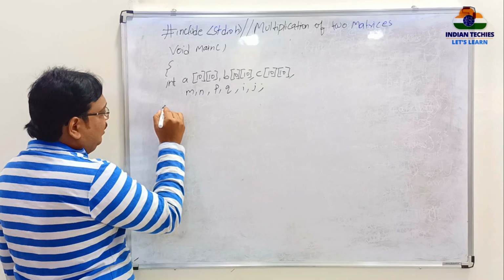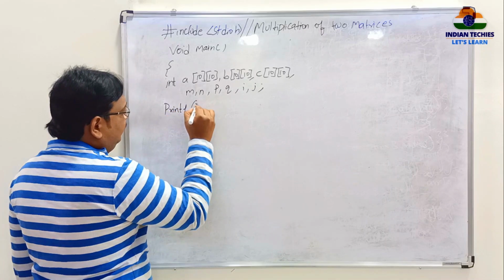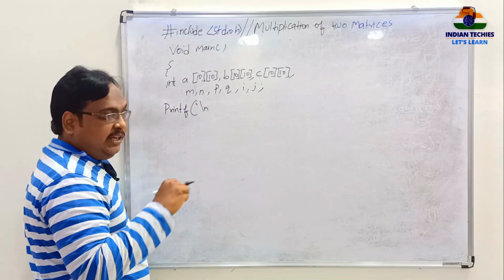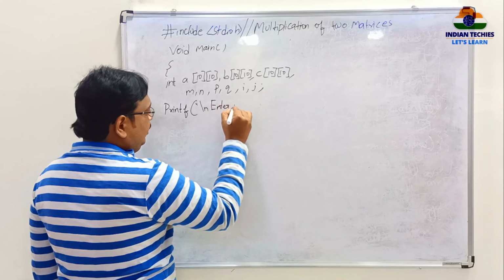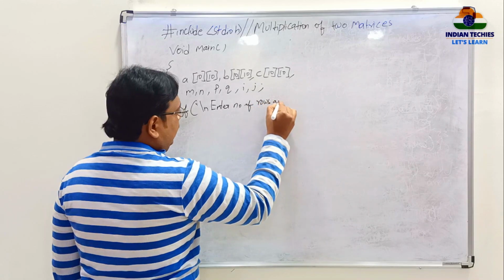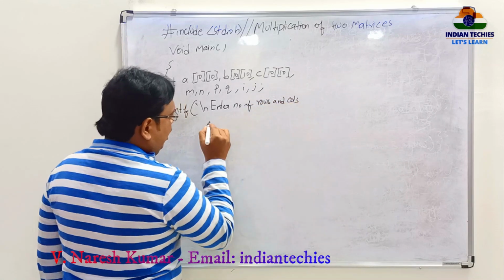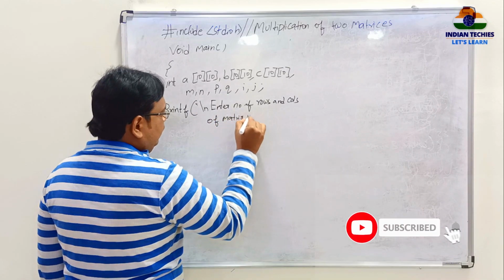First, take as input how many rows and columns you want. Write a printf statement, printf("\n"), that is going to the next line, to get clarity: enter number of rows and columns of matrix 1.